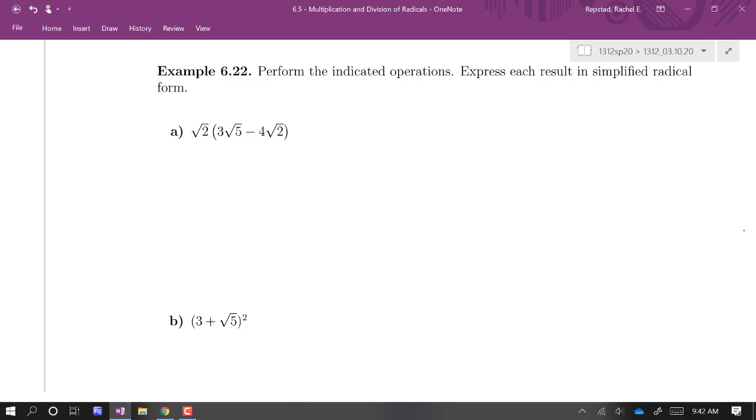Inside the parentheses, I'm subtracting some radicals. Note that those radicals are already simplified. I don't have a common radicand, so I can't do the subtraction. The only thing for me to do right now is to distribute that factor of the square root of 2.